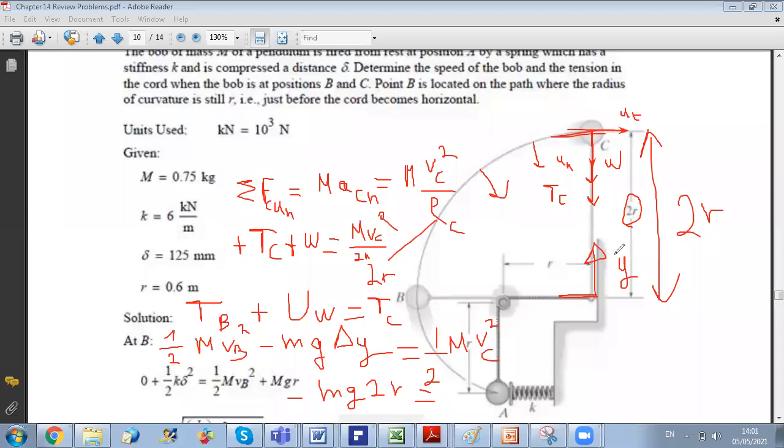I want to show you here that if you use the conservation of mechanical energy, you will go back to the same result. Why?